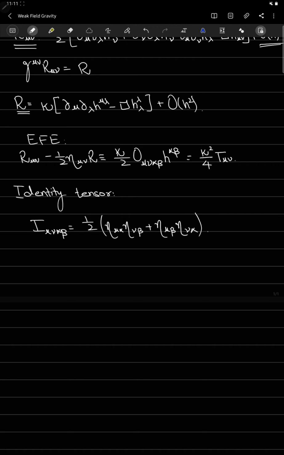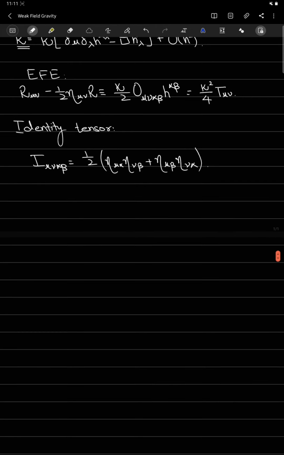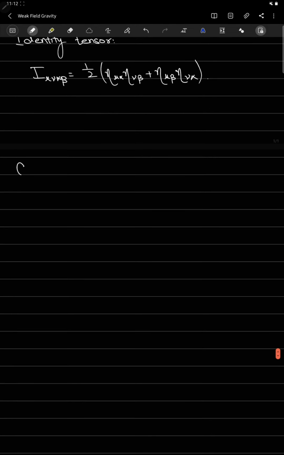And you'll see why this is useful in a bit. So with the help of this, now I can write down an equation for the Green's function of Einstein's field equations.